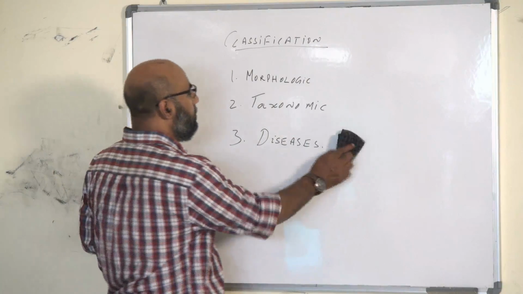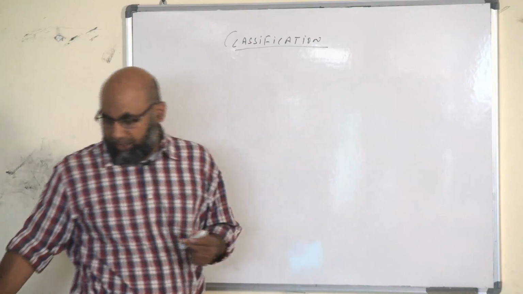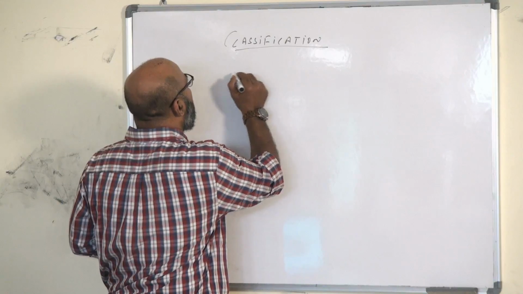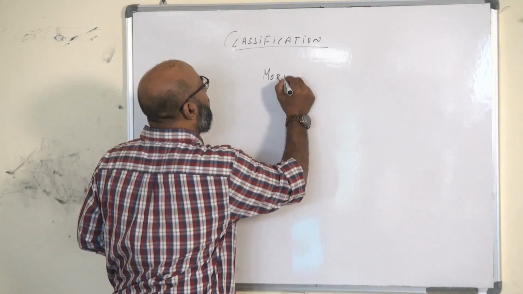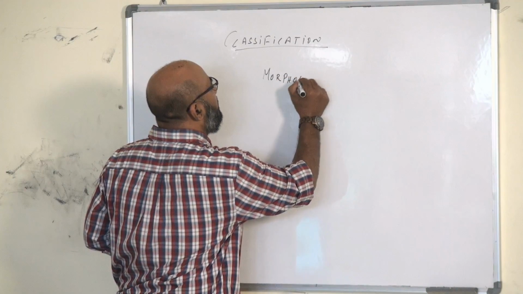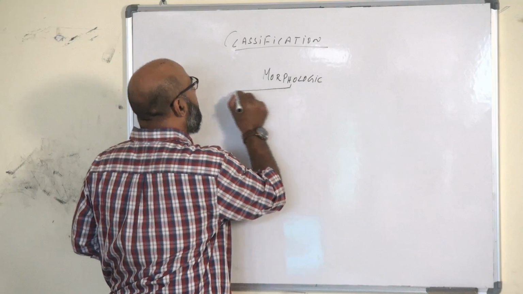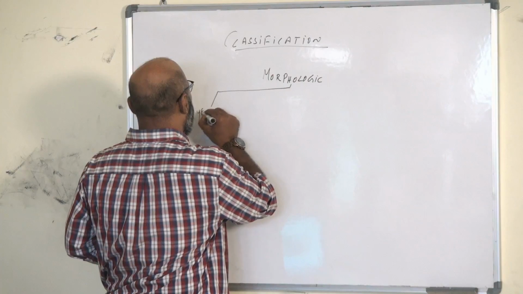So let's go through these classifications one by one. Number one is the morphologic classification. Morphologic classification has basically 4 divisions. Number one is the yeast.